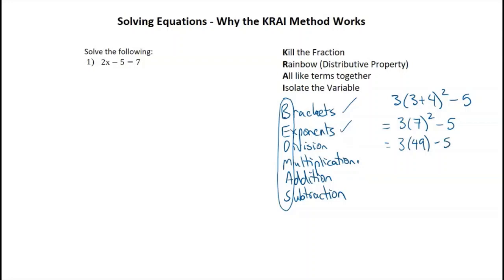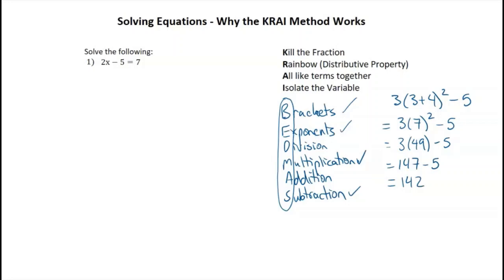There's no division, so you'd have to do the multiplication next, 3 times 49. The way I do that is I think 3 times 50 is 150, and then it's 3 less than that. So it's 147. If I can make it a nice round number first and just take a little bit away, it makes it easier. Then I have to subtract 5. There's no addition, so I move on to subtraction. So this would be 142.